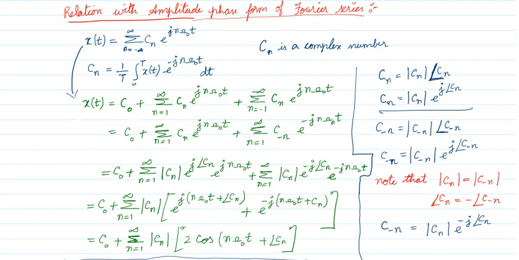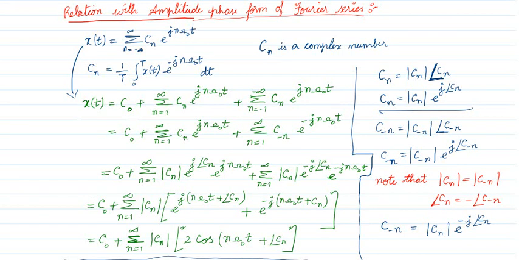If I put n as 0, e power 0 becomes 1. So c naught plus positive values n equal to 1 to infinity, then n as negative values. See, if you look here, this is minus 1 to minus infinity.